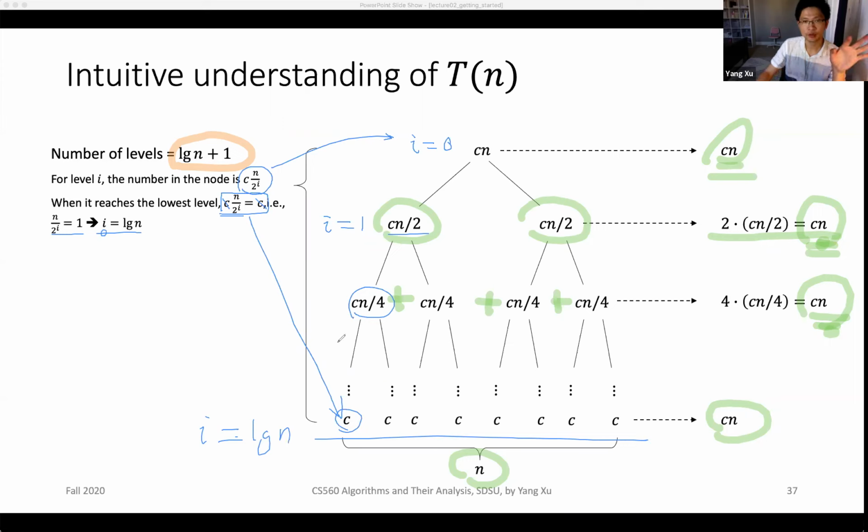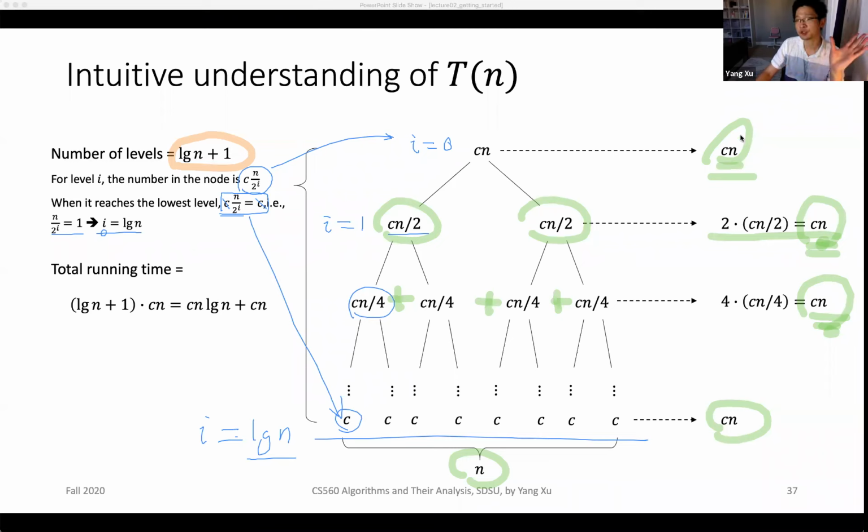Okay, so basically we have i from 0, 1, 2 until logarithm of n, and this is an obvious answer that the total number of levels is logarithm of n plus 1. Okay, so for the total running time, we need to use another fact that the summation for each level doesn't change.